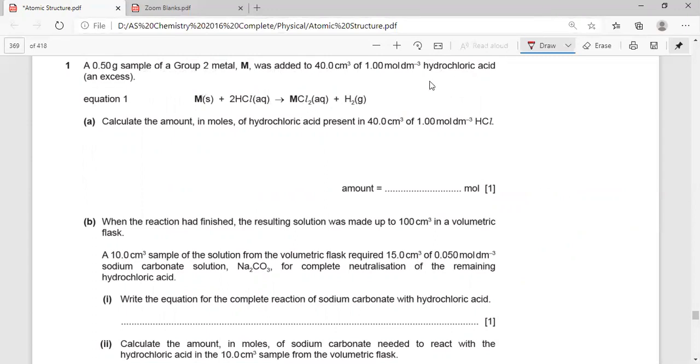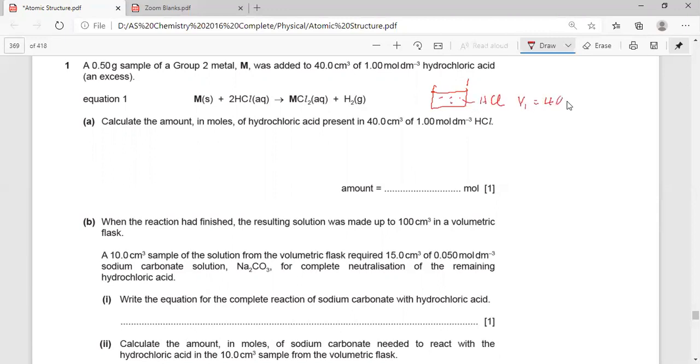So if you like, you can draw the diagram here. HCl, and what's the volume here? V1 equals 40.0 cm3. Molarity equals 1.00 molar.